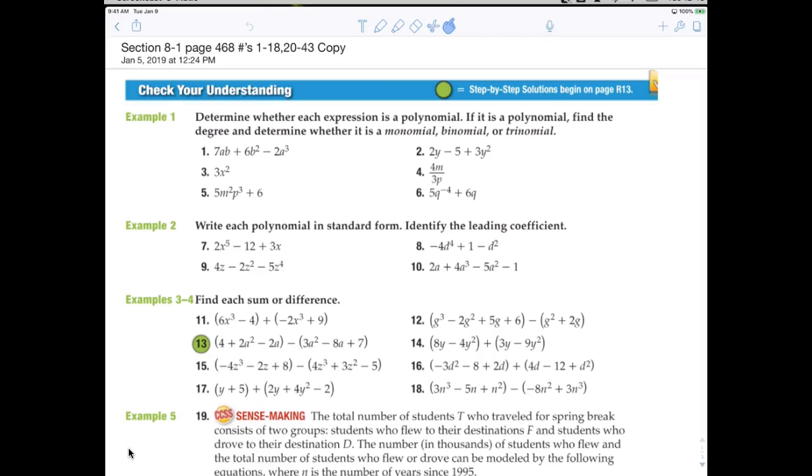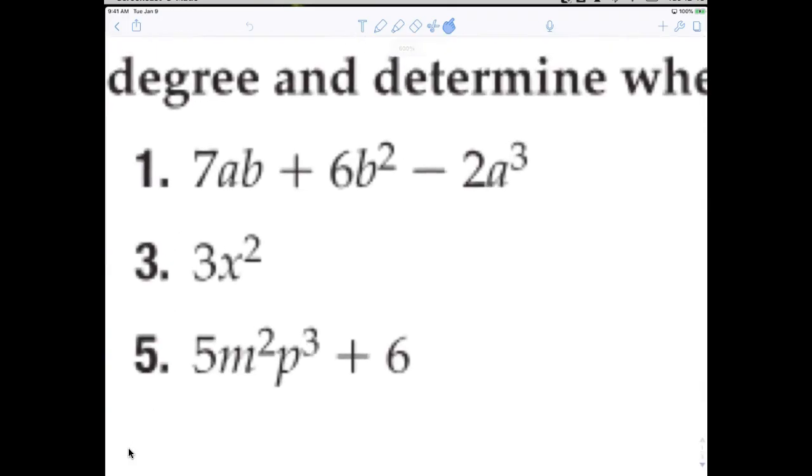Now, the next thing is we're finding the degree. This exponent right here is a 1. This exponent is a 1. The degree is always the sum of the exponents. So this monomial right here has a degree of 2. This monomial over here has a degree of what? 2.